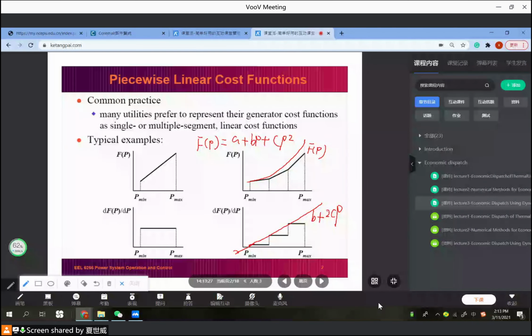This is the defining feature of the derivative-based method. However, for this special input-output curve, we can't use this method because we can't find the equal incremental cost for all these generators, because the incremental cost jumps, they are not continuous.